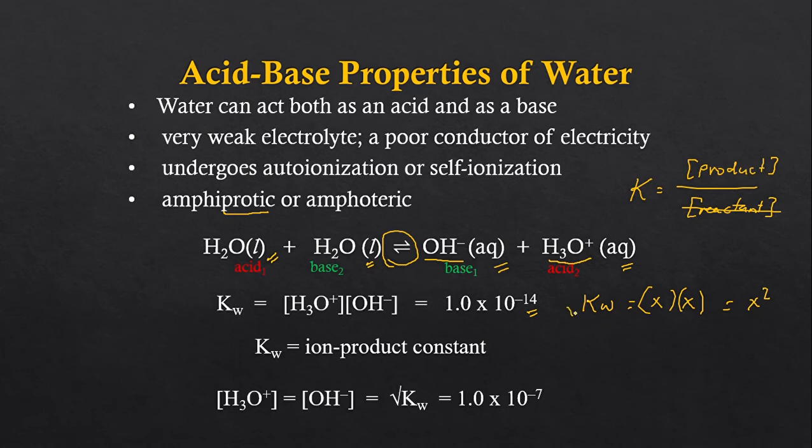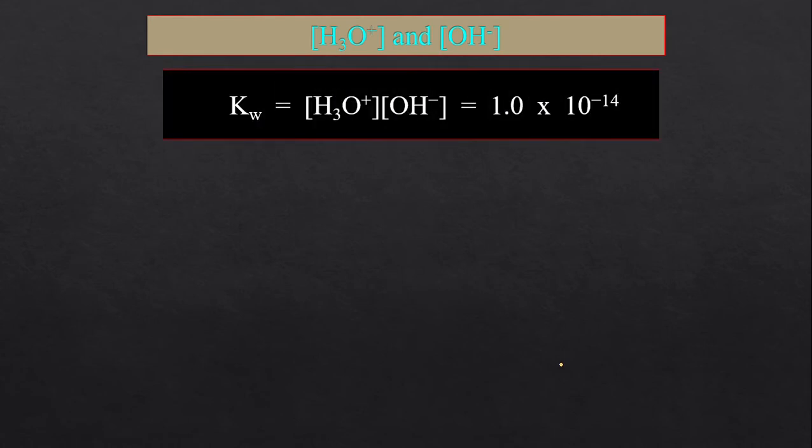So, if you get the square root of Kw, then we will be able to determine the concentration of hydronium ion and hydroxide ion. If we get the square root of Kw, which is 1.0 times 10 to the negative 14, nakalalabasan natin ay 1.0 times 10 to the negative 7. Okay? So, ito. Ito nga yun, di ba? Kw is equal to 1.0 times 10 to the negative 14.